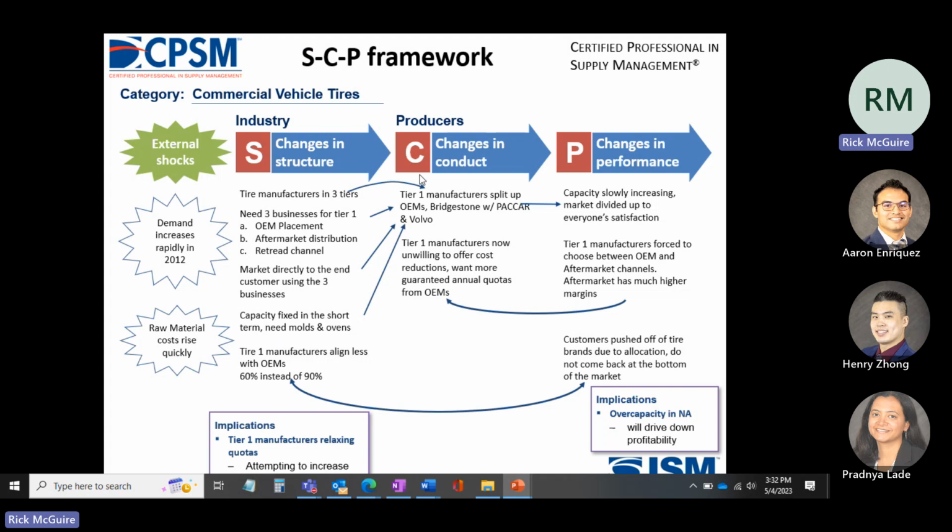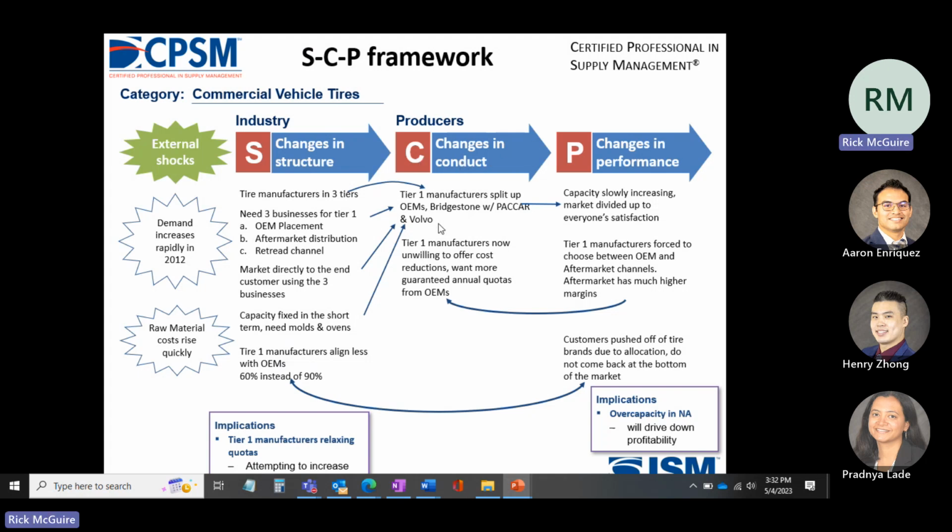So structure, conduct, performance. So changes in the structure of the industry. So this is for commercial vehicle tires from, I don't know, 2017, somewhere in that neighborhood. Talks about how the industry is structured. What about capacity, issues like that?